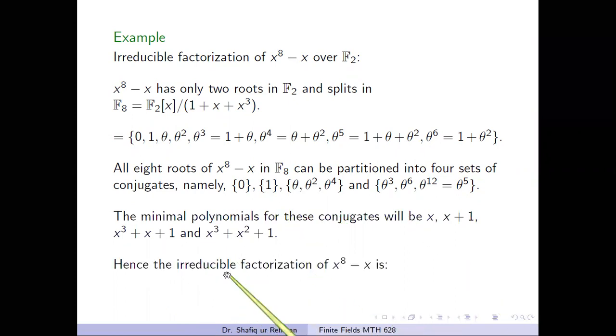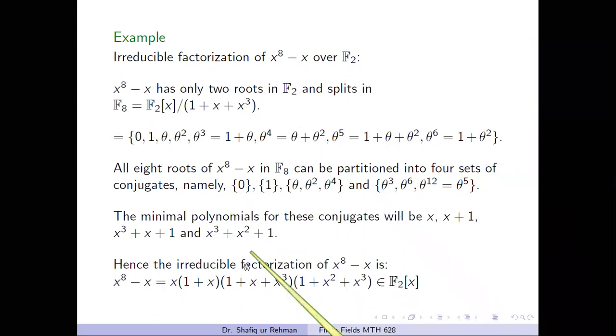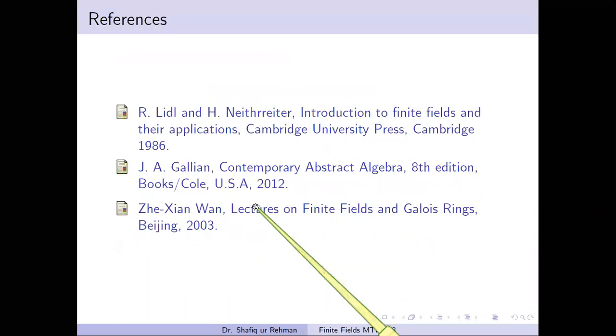Then if we multiply all these minimal polynomials, we get this polynomial. So in this way we can factorize this polynomial over the field F2 by using the conjugates and minimal polynomials. These are the references, and thank you very much.